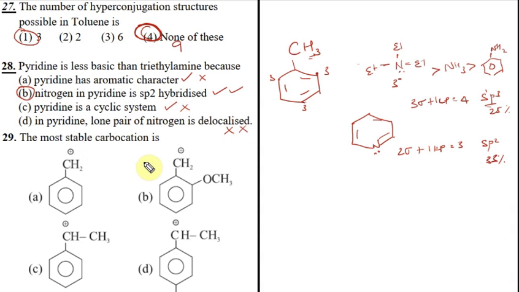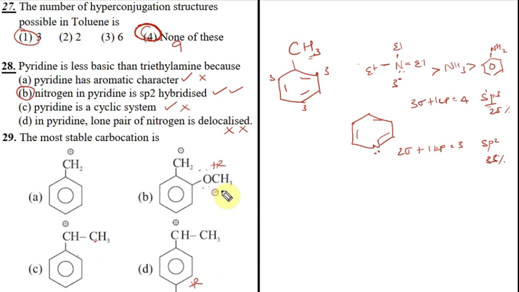So you want the carbocation to be benzylic. Benzylic, benzylic, benzylic, benzylic, everything is the same. Okay, you want it to be stabilized by plus R effect. So when you look at this one, this is plus R. This is plus R. No effect here. Here there is hyperconjugation. So plus R is better. What about OCH3? If it is plus R, what else do you get?